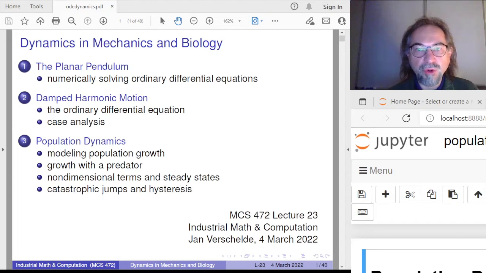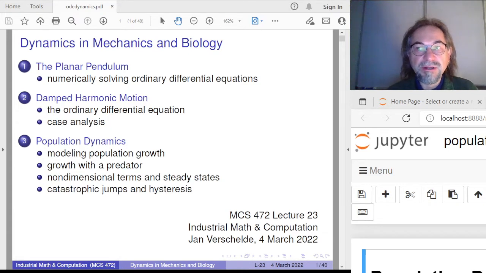This equation models damped harmonic motion. So think of a car suspension mechanism. In the third part, I will give a very brief introduction to how ordinary differential equations arise in mathematical biology. And we will arrive at the notion of catastrophic jumps and hysteresis.